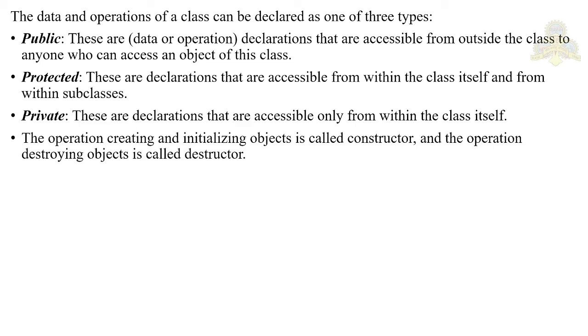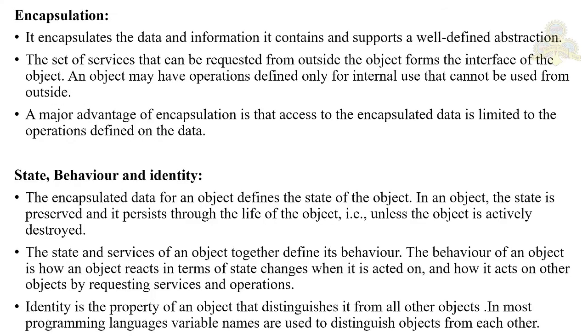The next concept is encapsulation. Encapsulation means wrapping up of the data and information under a single unit. The data and the information would be wrapped up in a well defined abstraction. The set of services that are requested from outside the object forms the interface of that particular object.